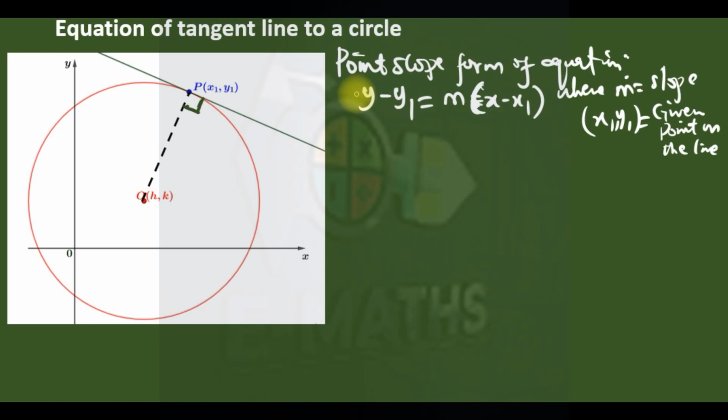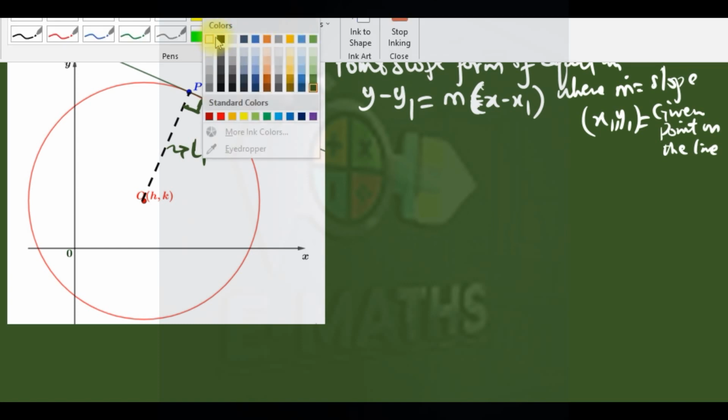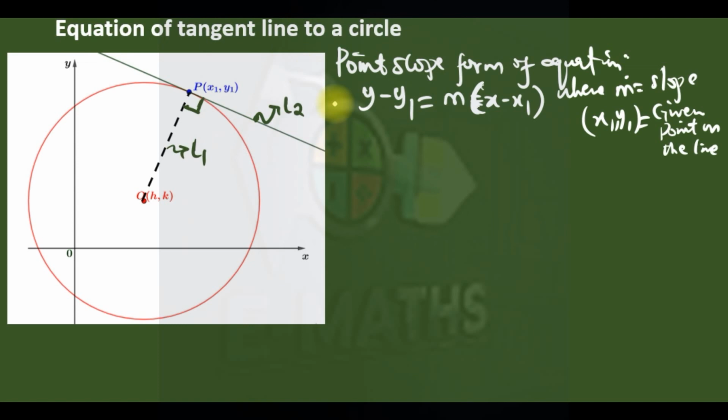Once we know the slope of this line, we know the slope of the second line, because for two lines to be perpendicular, let's call this line L2, while this is line L1, the slope M2 is equal to minus 1 over M1.